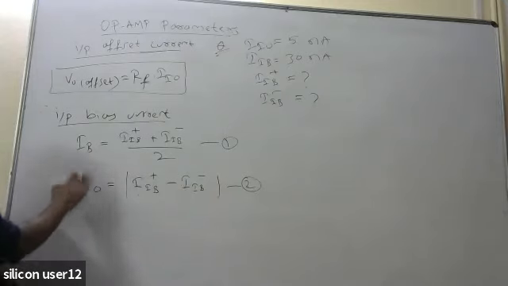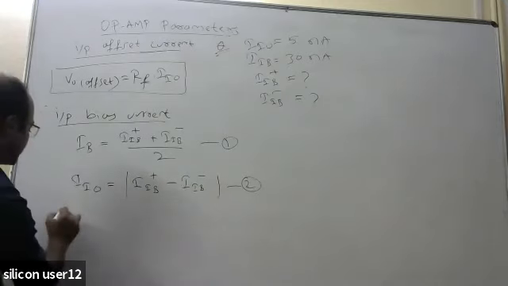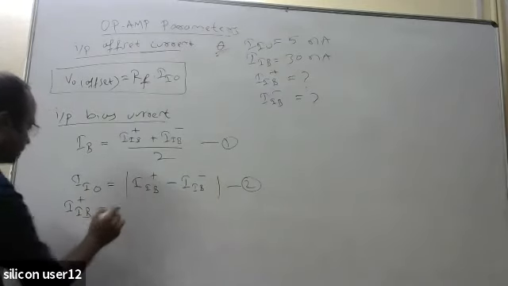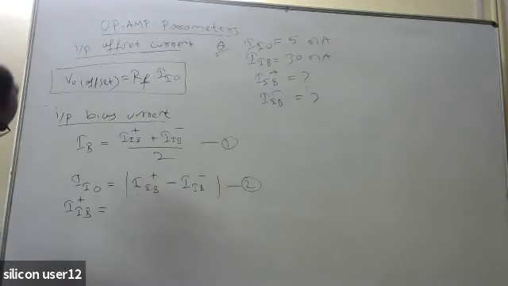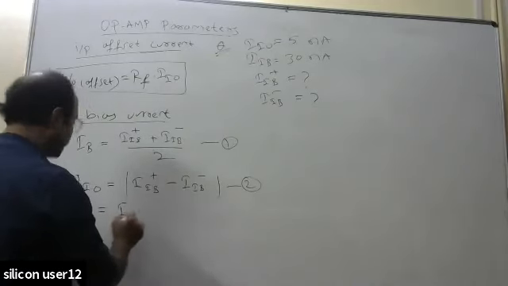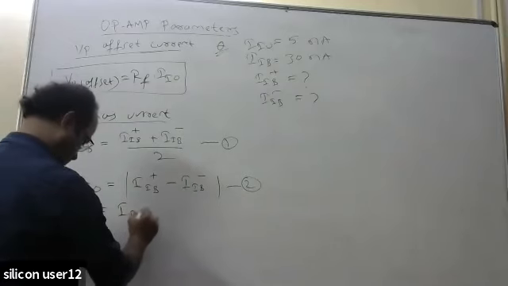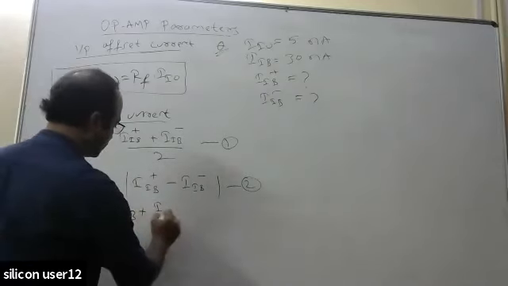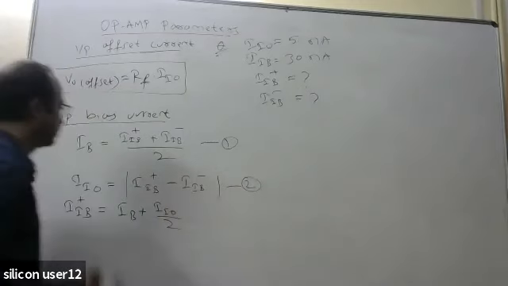Just by solving this you get IIB plus is equal to IB plus IIO by 2.